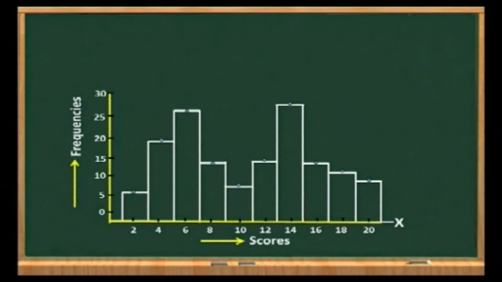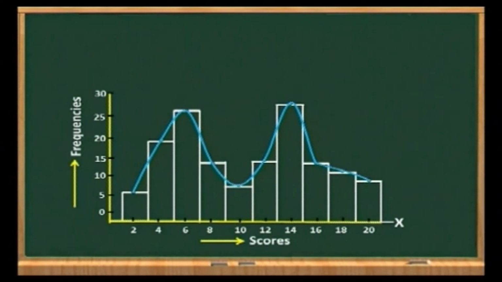You may examine the following histogram and frequency polygon. You may notice that the distribution has two peaks, one at score 6 and the other at score 14. Obviously, 14 cannot be the only mode here. Hence, it represents a bimodal distribution having two modes at 6 and 14.